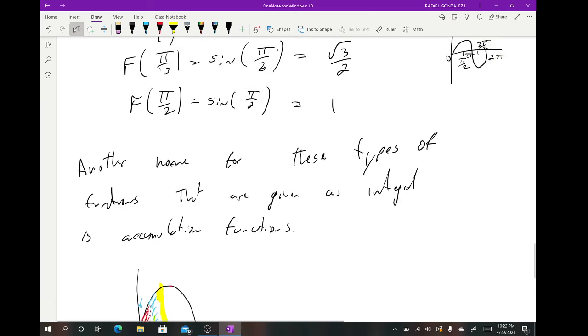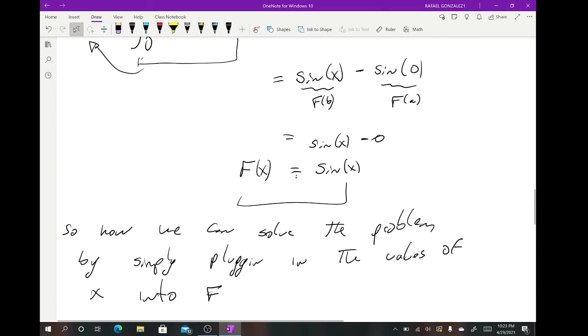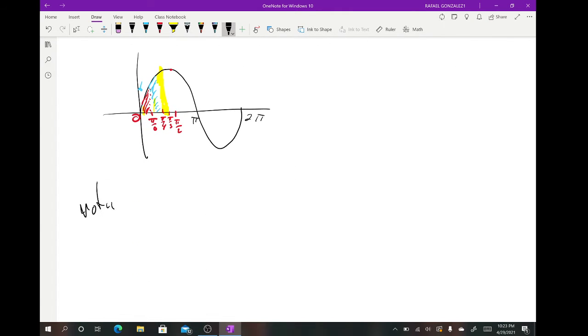Because notice the following. My answer for this was f of x equals sine of x. If I take the derivative of this, we get f prime of x is equal to cosine of x.